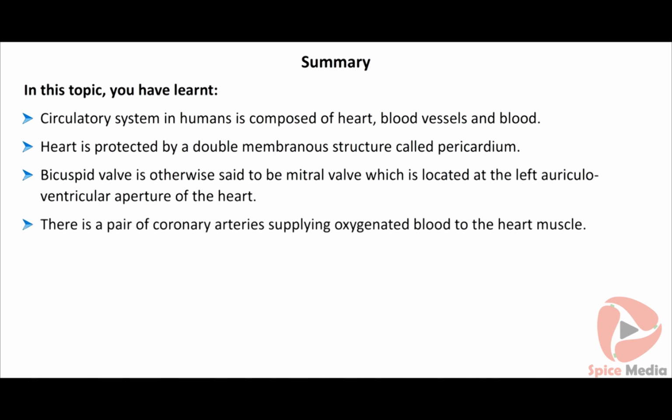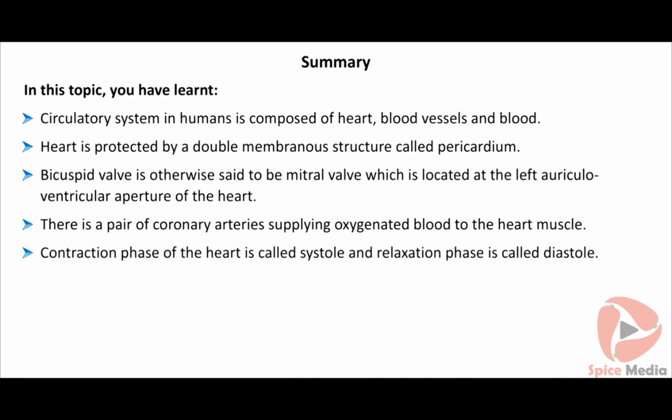There is a pair of coronary arteries supplying oxygenated blood to the heart muscle. The contraction phase of the heart is called systole and the relaxation phase is called diastole. For a normal person, the heart beats 70 to 80 times per minute.